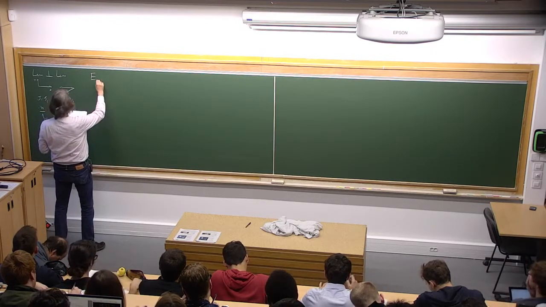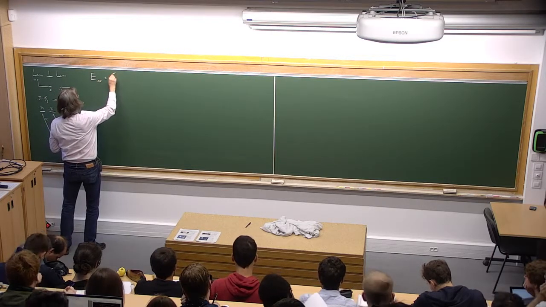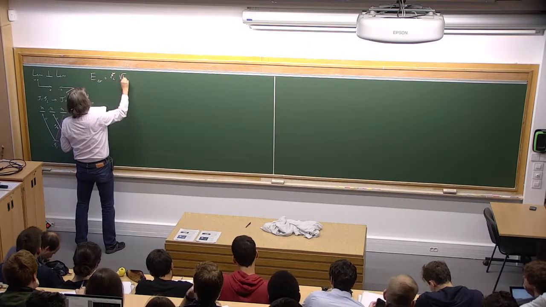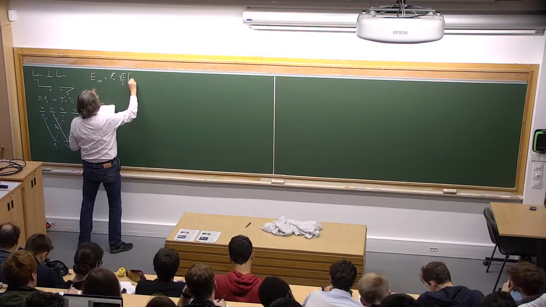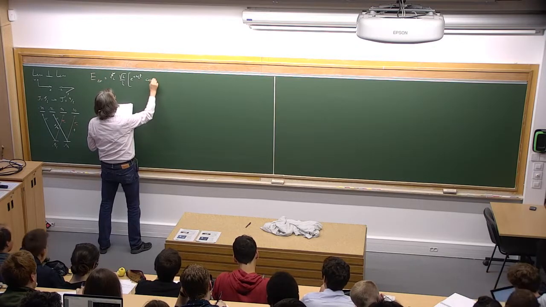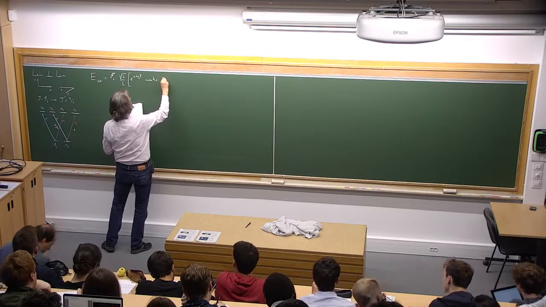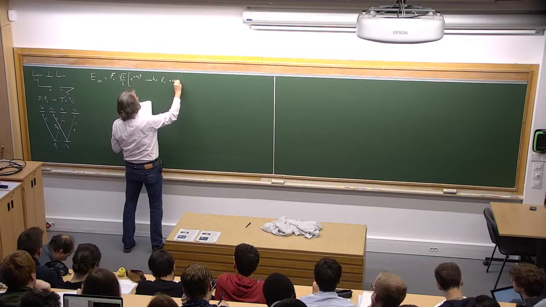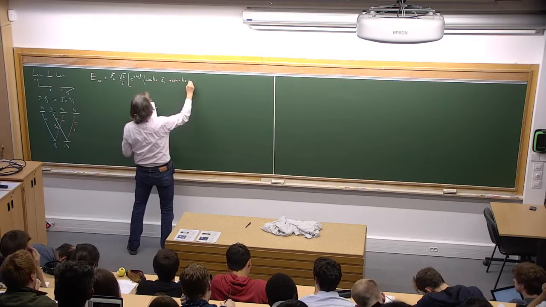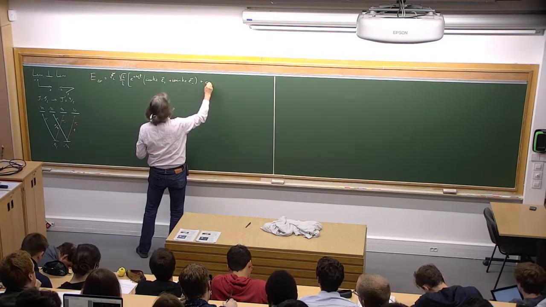And in fact, we have found that the total field was this: E_L square root of 2 divided by 2, exponential e^{iωL t}, cosine kz e_+ plus i sine kz e_-, plus c.c.